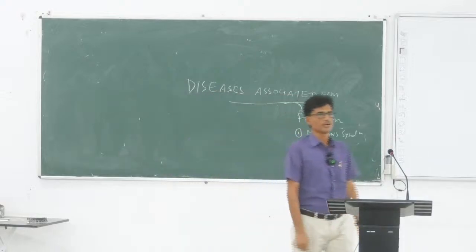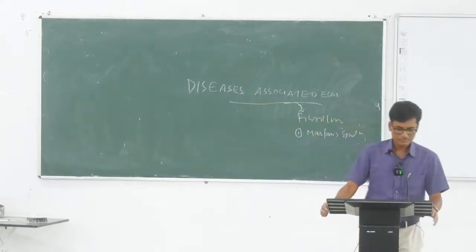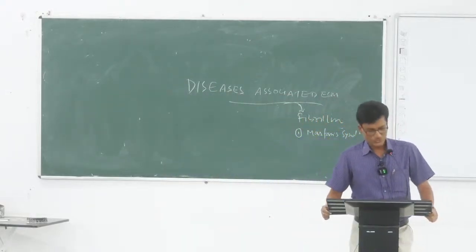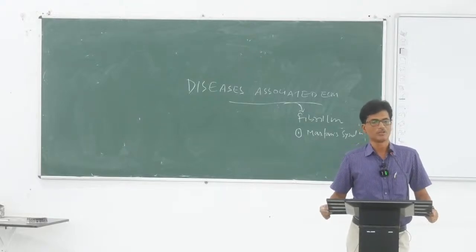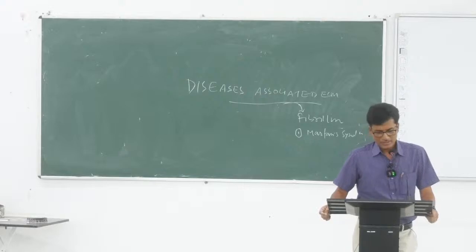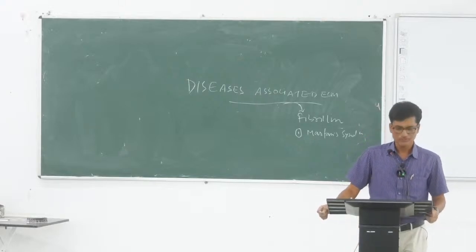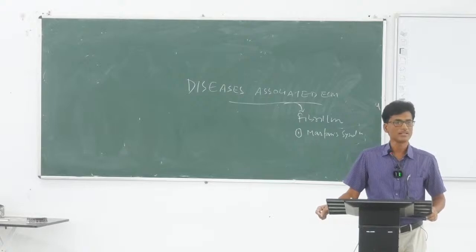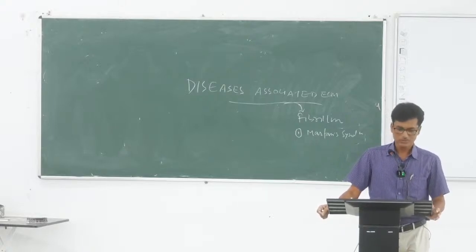Fibrillin is another important component or structural protein of ECM. It is a large glycoprotein of 350 kilodalton found in islands, periosteum of bone and elastin fibers of aorta.